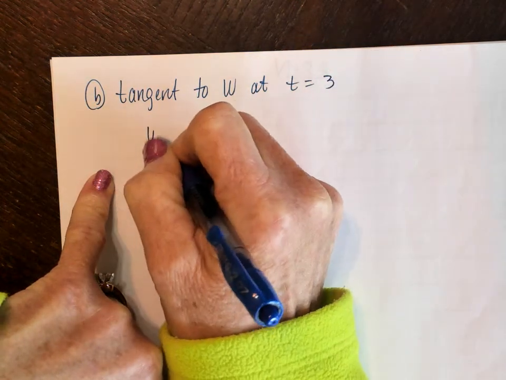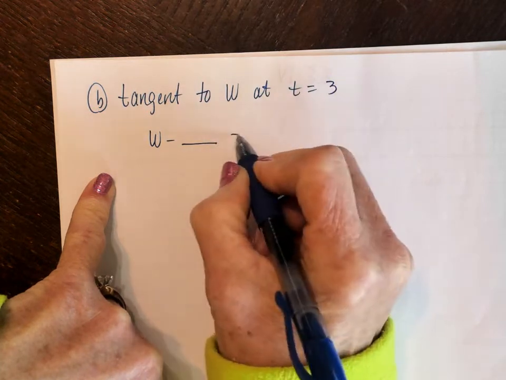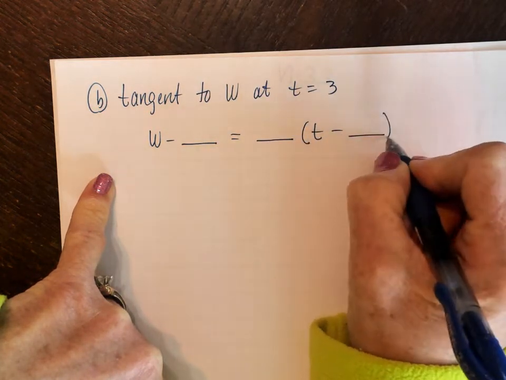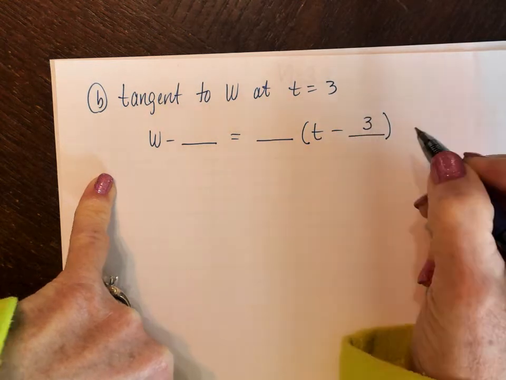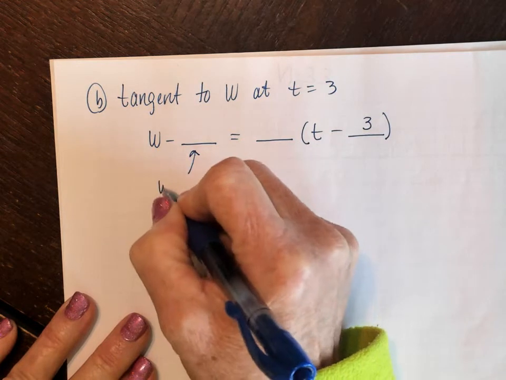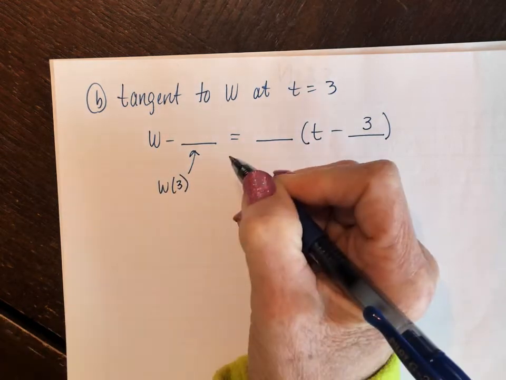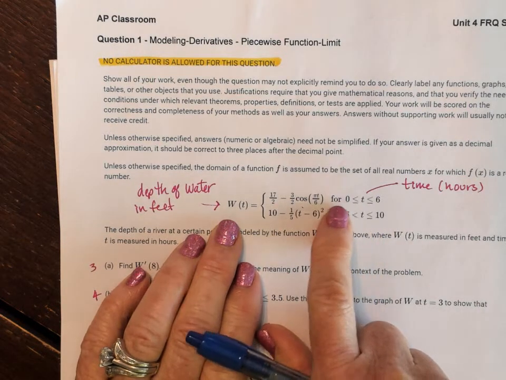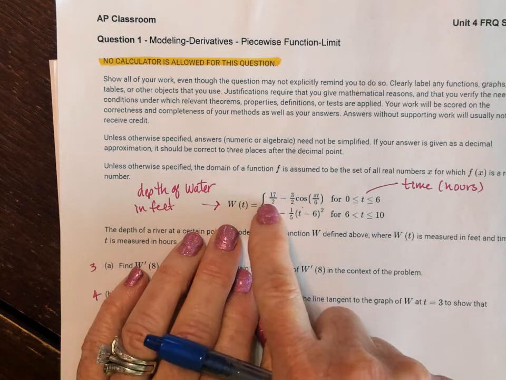All right, so if we set this up, W minus something equals slope times (t minus something). They told us time 3, so we've got that. Right here, this is going to be W of 3. So let's look back at the W equation. Time 3 is going to go into this top one, so I'm going to plug a 3 into that top piece.